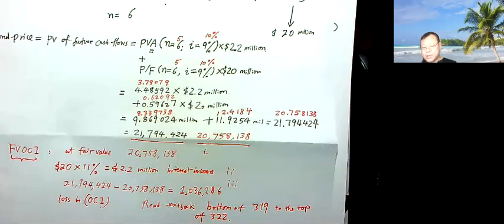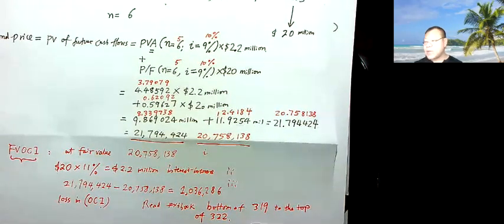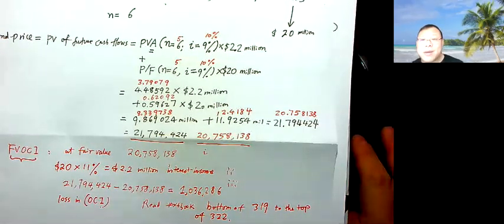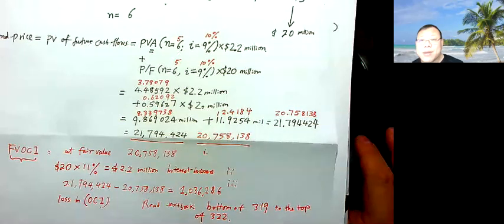If you don't understand this third part, go read your textbook from 319 to 322. So that's this question. Make sure you understand this. It's important.